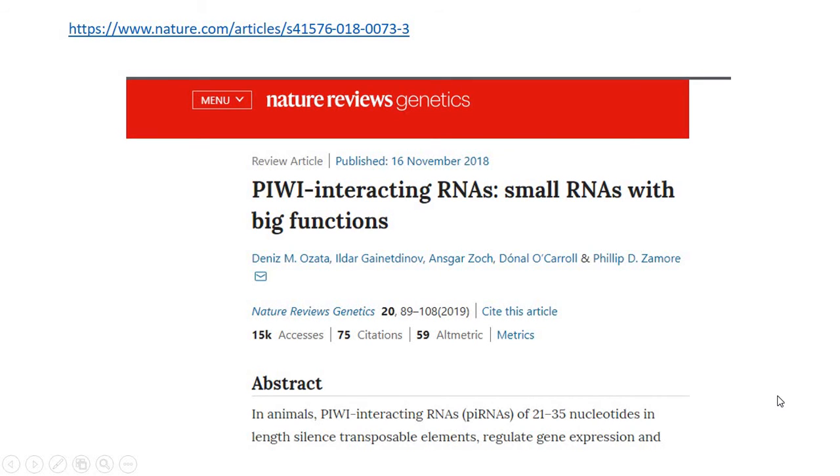These piRNAs, as I said, are 21 to 35 nucleotides, a little larger than siRNA and mature microRNA. And they can regulate gene expression in multiple ways.